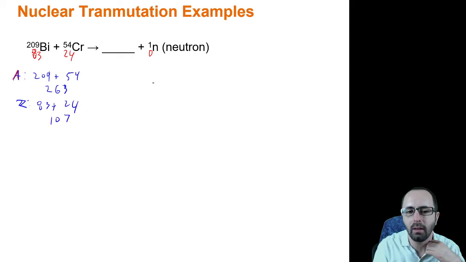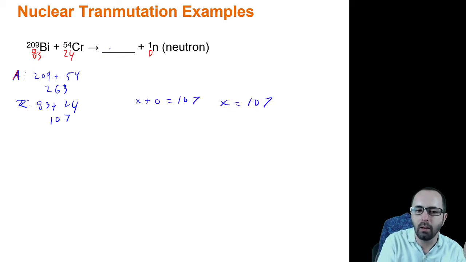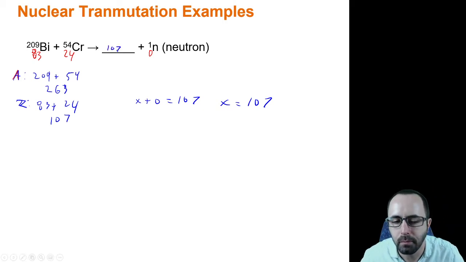So on the right side, we need something for the atomic number that adds to 0 to make 107. Well, x plus 0 equals 107, so x equals 107. So we must have element 107 that was being made here.